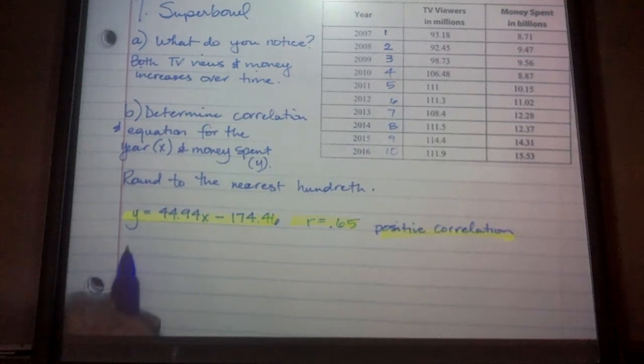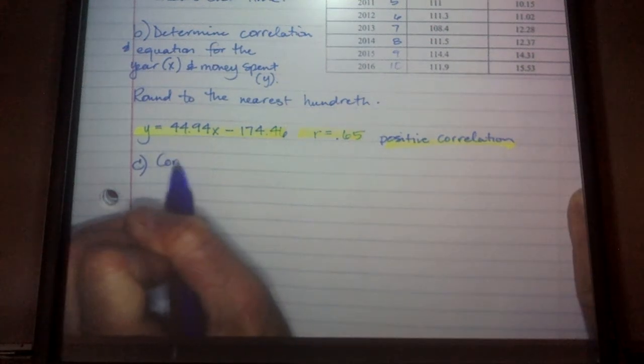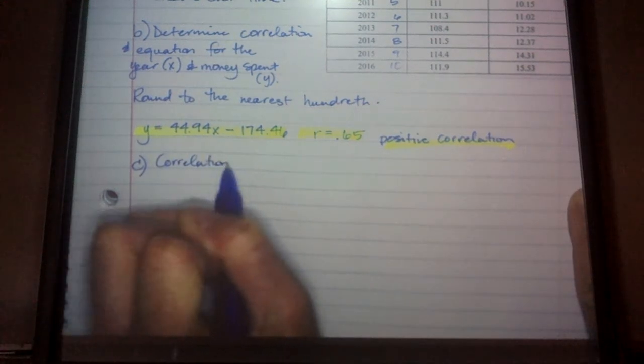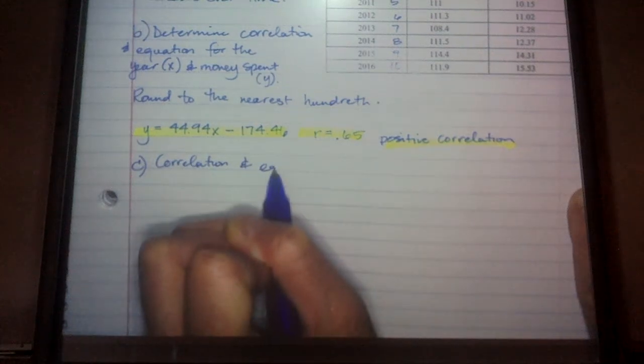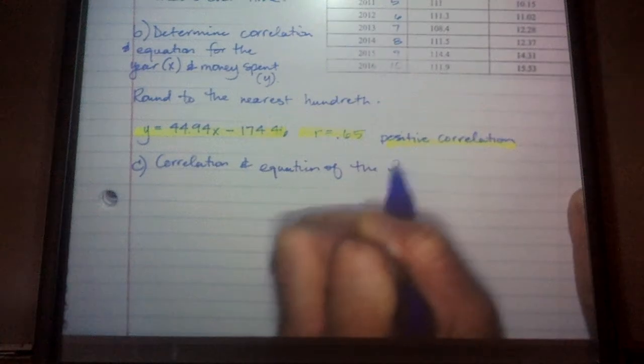Part C, now they want us to do the same thing as in part B. They want us to do the correlation and equation of the line of best fit.